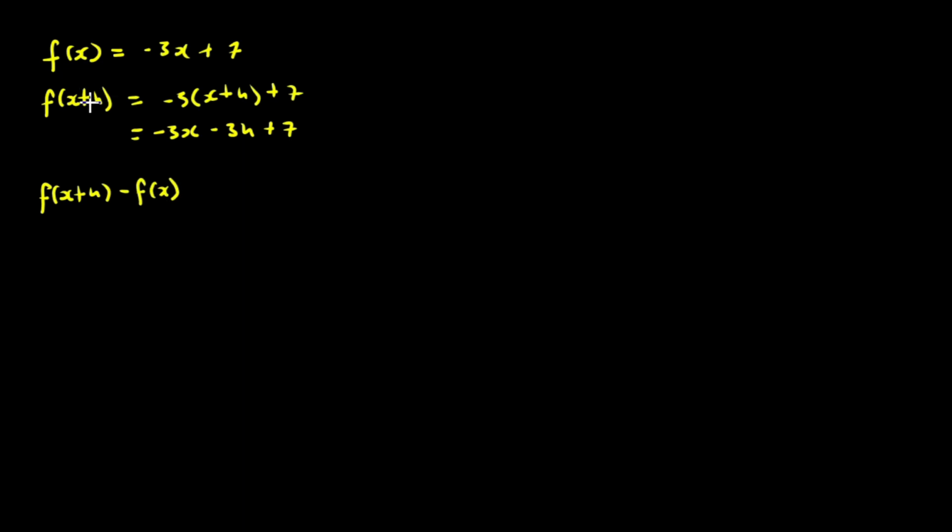And you now need f of x plus h minus f of x. And this is f of x plus h, which is this one. So you take minus 3x minus 3h plus 7. Then you subtract, open bracket again, you take minus 3x plus 7. So what are we going to get? We are going to expand the bracket here, minus 3x minus 3h plus 7.